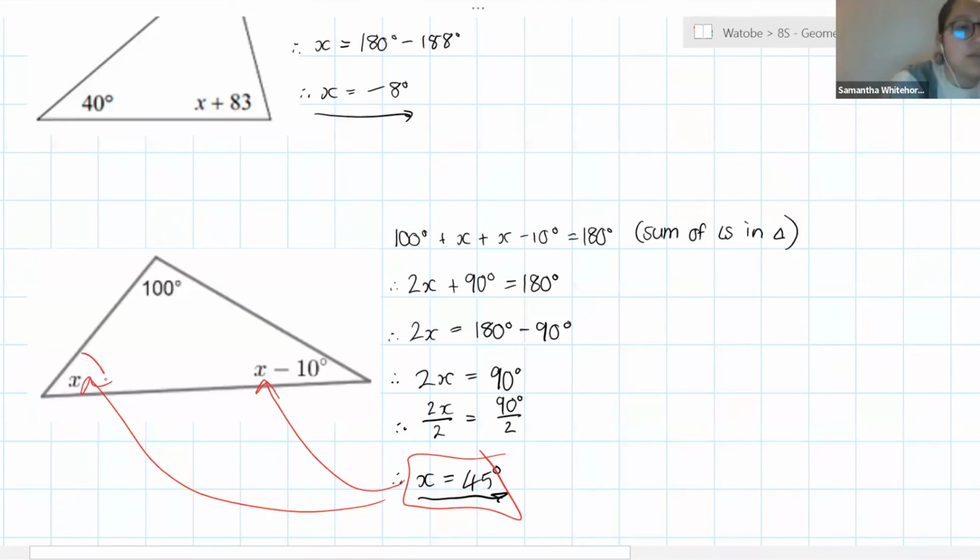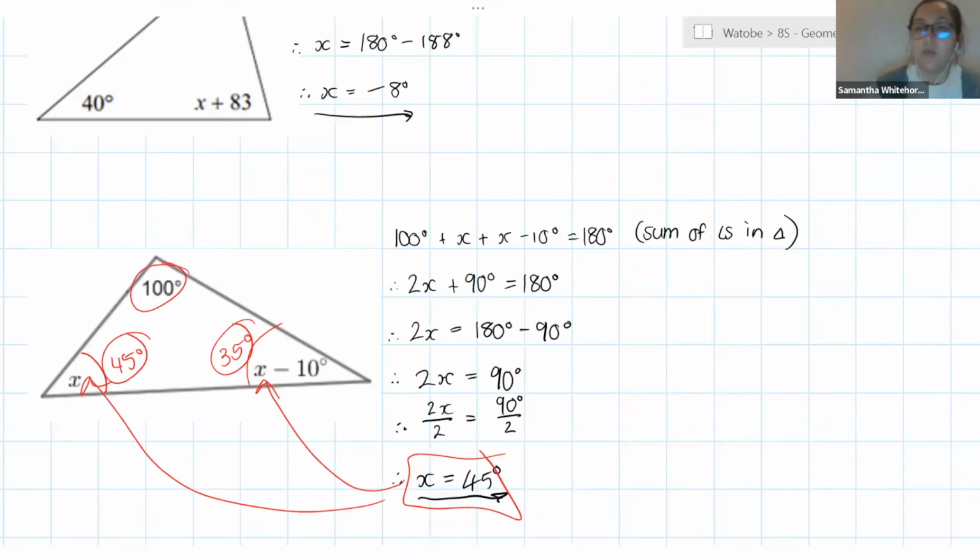So this angle would be 45. This angle would be 45 minus 10, which is 35. And so if I add 35, 45, and 100, I should get 180, which I do. And so I can then double check that my answer for x or whatever I'm looking for is correct.